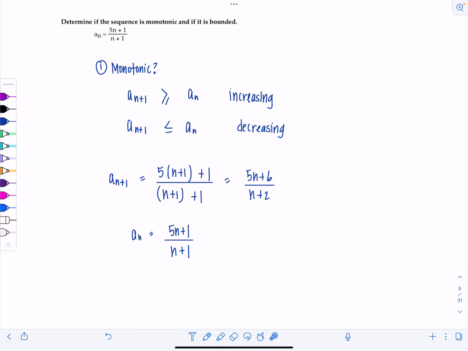Notice here, this denominator got a little bit bigger. When denominators get bigger, it makes the whole thing smaller. But then the numerator got bigger at the same time. So it's not obvious. If only one quantity was changing, only the numerator or only the denominator, then we could tell for sure that a_(n+1) is bigger or smaller. But in this case, it's ambiguous, right?